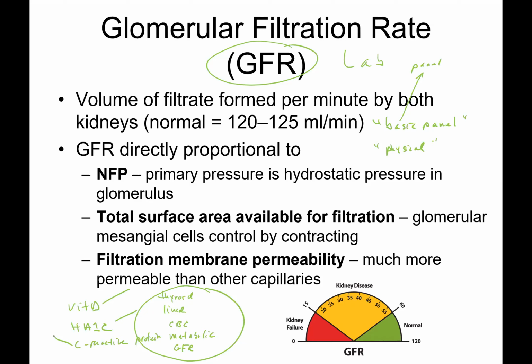So GFR is part of this. They measure the rate at which the glomerulus will filter out the blood. The volume of filtrate formed per minute by both kidneys is around 100 to 125 milliliters per minute.